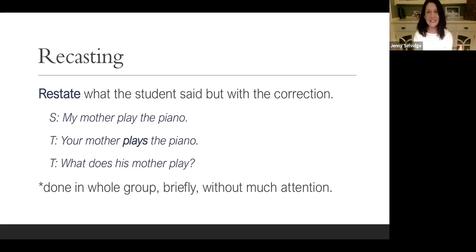She plays the piano. And so you're trying to get everyone to say with the S. So this is done in whole group, briefly, without much attention. You're not really stopping for very long. You're just kind of with the flow of it. I do this a lot. I recast a lot. So this is probably my go-to form of correction.